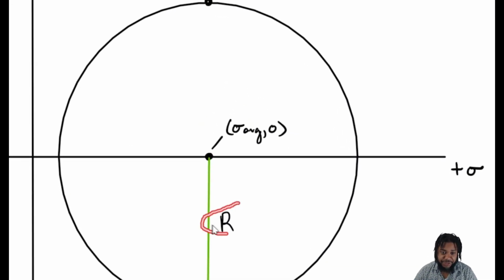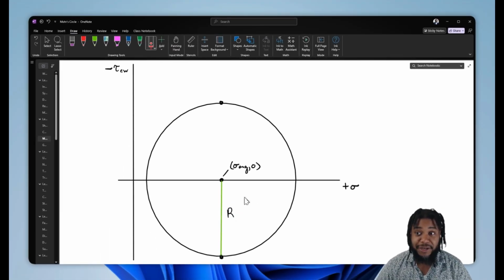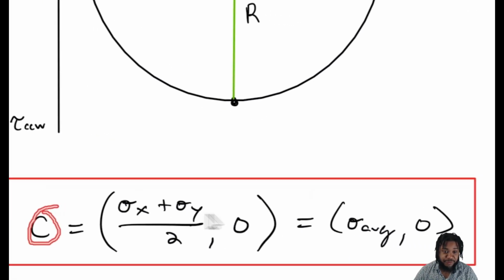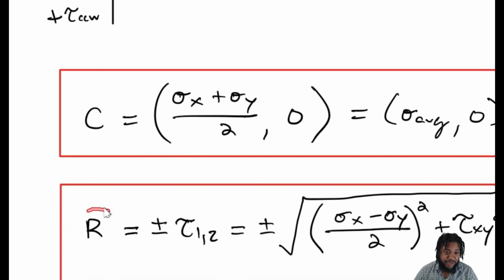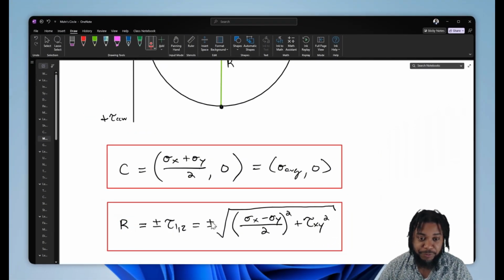The radius of our circle is equal to tau 1 and 2. It's actually the value of the extreme value shear stresses. So our center, fairly simple, is the average, and our radius, plus or minus tau 1, 2, is equal to plus or minus that square root term that we learned in the previous video.